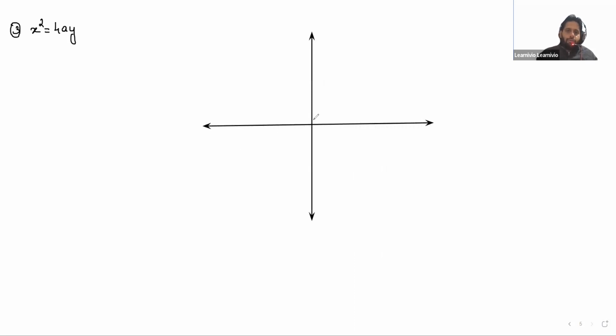Here, the graph will be in the upward direction. So the focus will be here, and the coordinate of the focus will be 0, a. This is x and this is y. Please note this down.